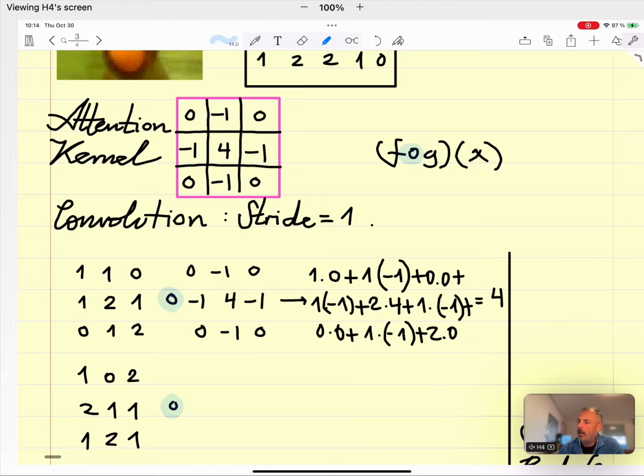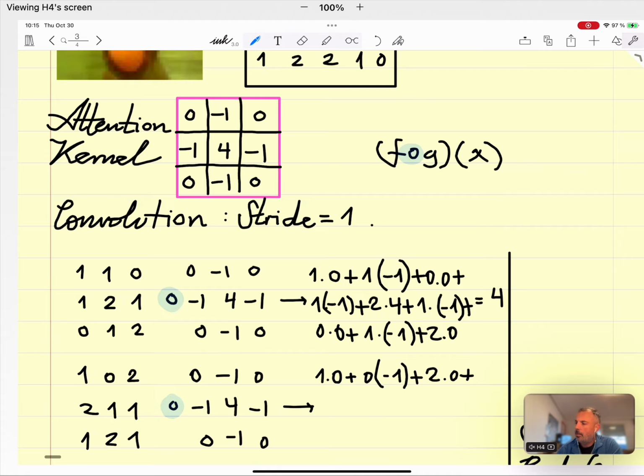Then the same kernel: 0, -1, 0, -1, 4, -1, 0, -1, 0. And then we do the same, just multiplying: 1 times 0 plus 0 times -1 plus 2 times 0 plus 2 times -1 plus 4 times 1 plus 1 times -1 plus 1 times 0 plus 2 times -1 plus 1 times 0.